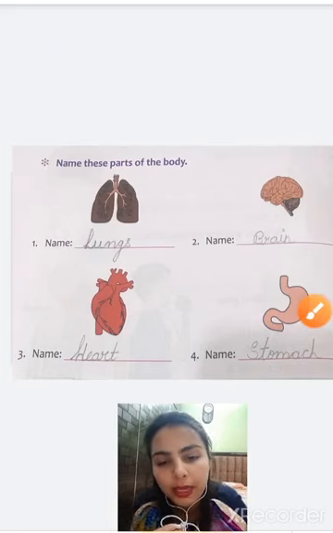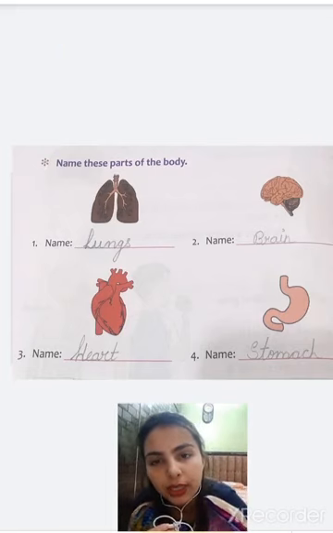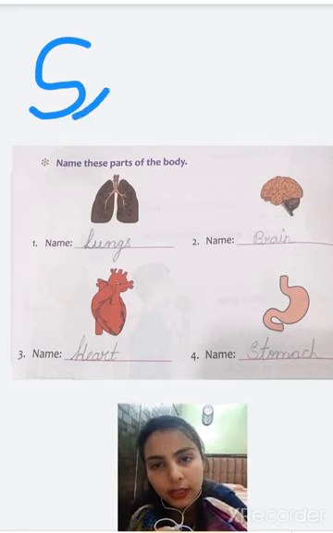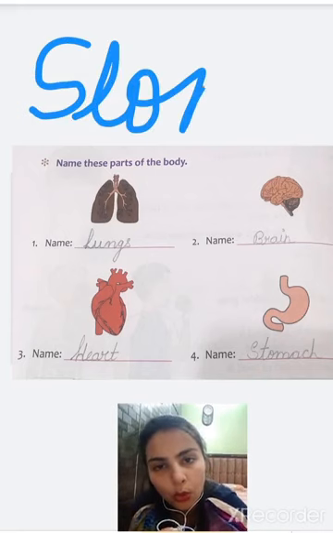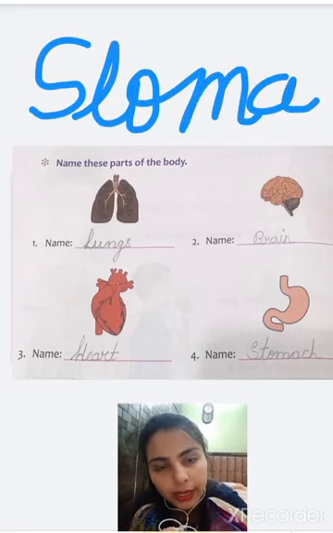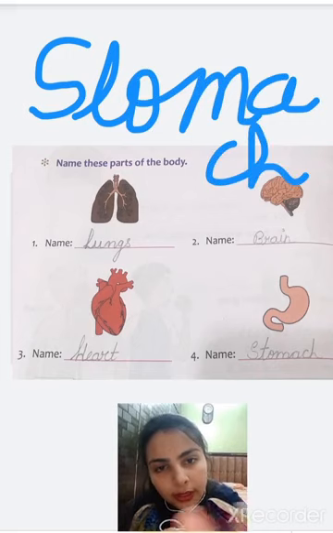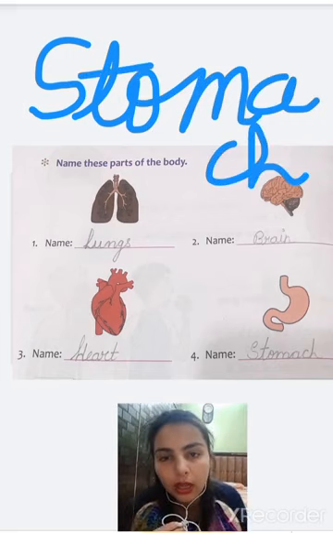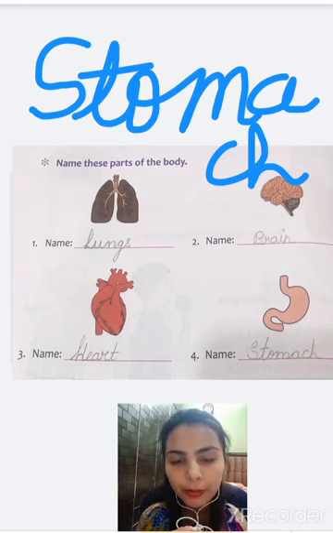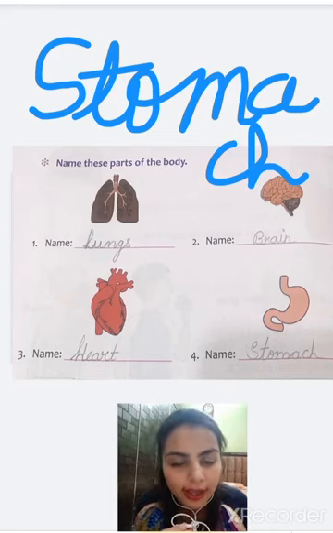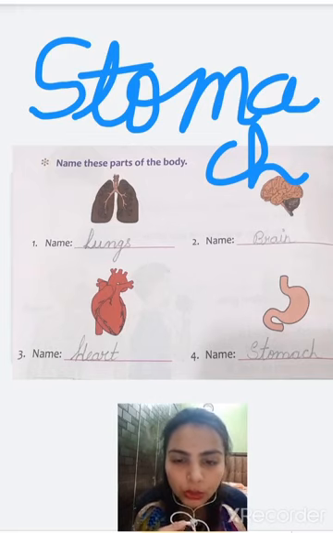The spelling of stomach is S-T-O-M-A-C-H. Write it in the fourth. So this question is done now.